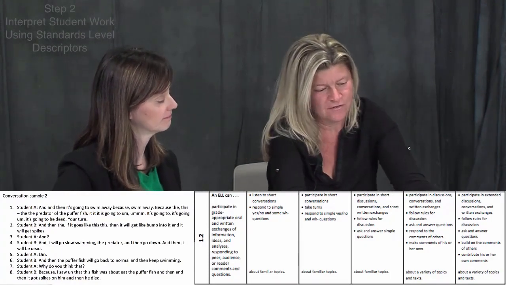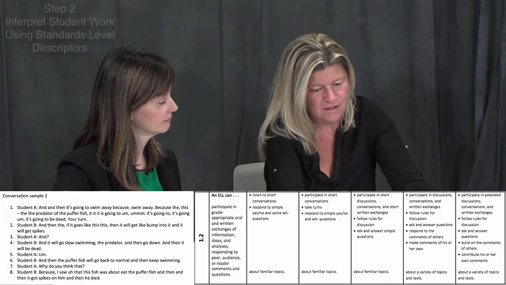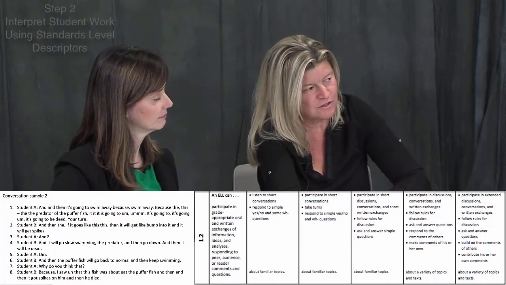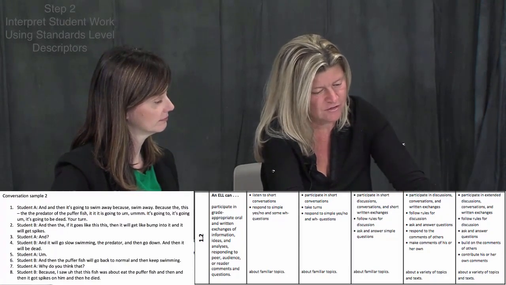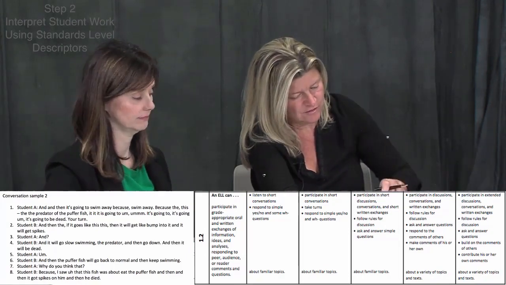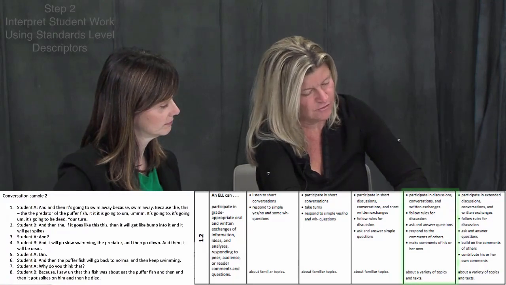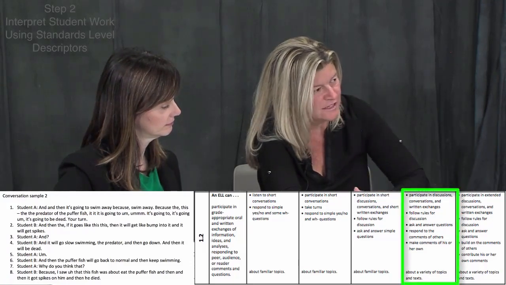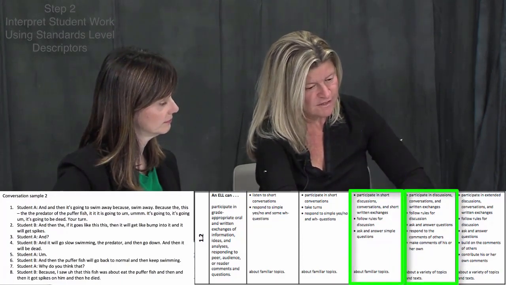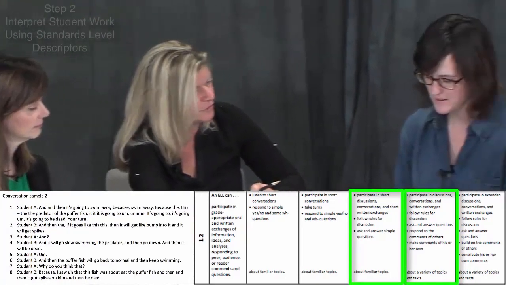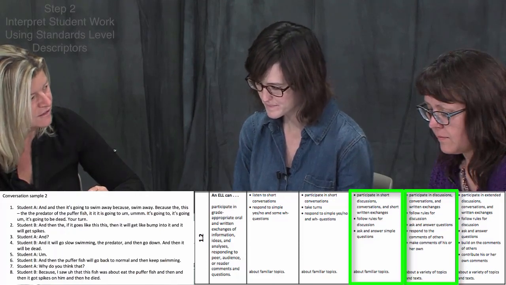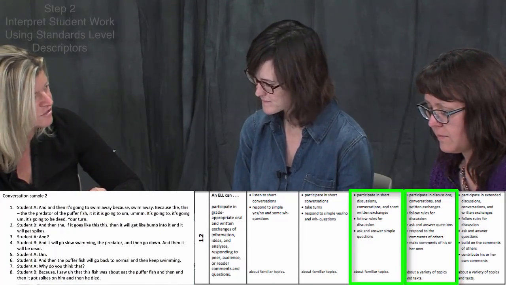So when I look at the conversation, student A and student B, I think student B is performing a little bit higher than student A. So I really think if you look at the conversation and the output of student A and student B, I would be more willing to say student B is at level 4, but student A I'd say is probably still closer to level 3, just based on some of the different flow of communication, and also the number of times they have to stop and start trying to find some of the words to be able to finish a sentence.